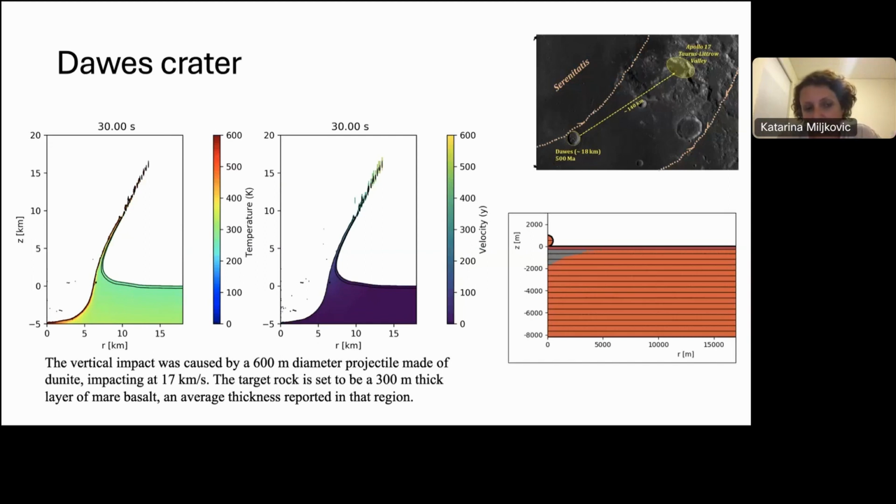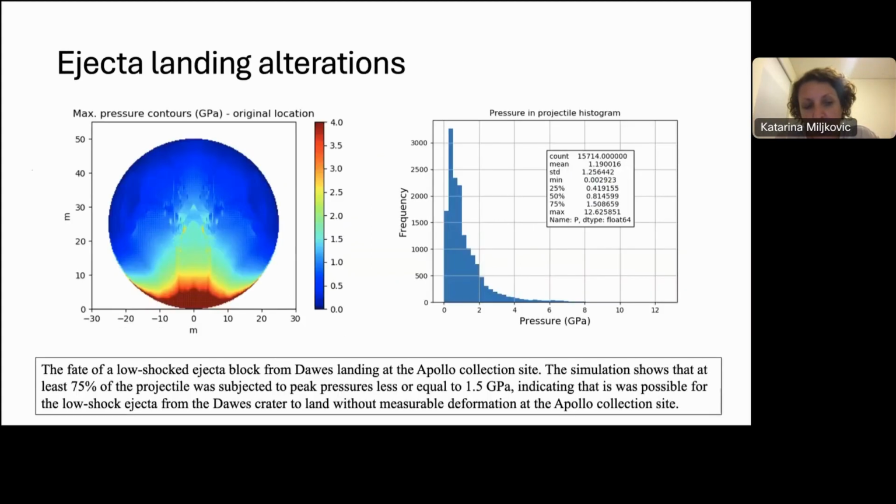You probably think, okay, you throw out a chunk of rock, it's fine, but when it lands, what happens to it? One thing to clear up is that if something is flying at sub-escape velocity on the moon, so a chunk of rock thrown out at a speed less than 2 kilometers per second, then chances are the big part of that thrown out rock would survive as it is, unshocked.